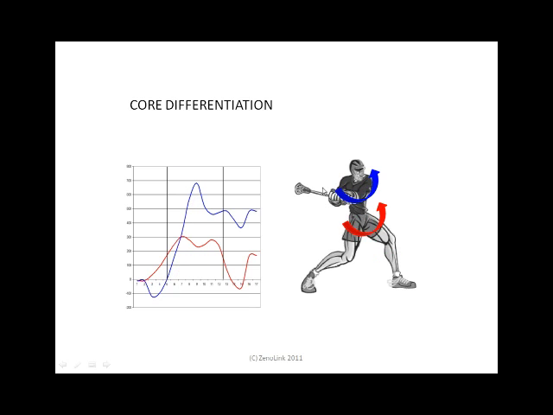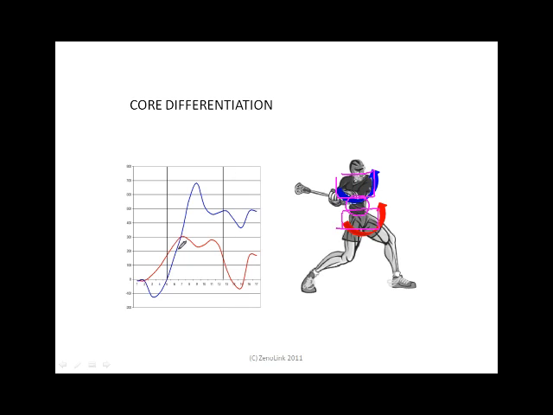We call it core differentiation because the upper thoracic or the upper torso here has to move somewhat independently of the lower body or the pelvis and has to be facilitated by the engagement, both the lengthening and the shortening of the core musculature. And a lot of athletes, especially young athletes, don't develop that sequencing and that coordination pattern.